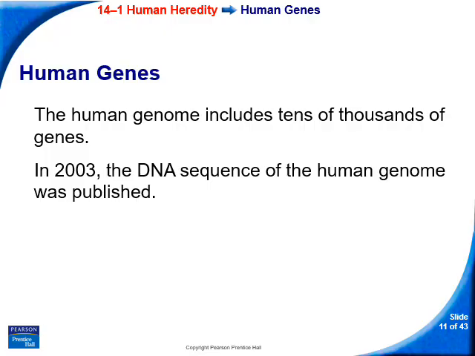The human genome includes more than 10,000 genes, approximately 35,000. And in 2003, the DNA sequence of the human genome was published and was based on 5 individuals of different races, 5 individuals only.